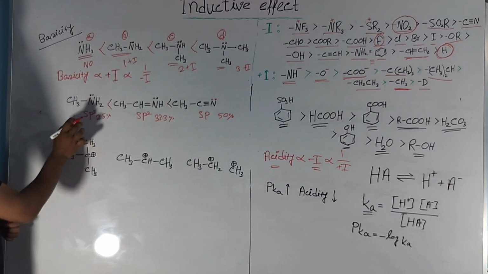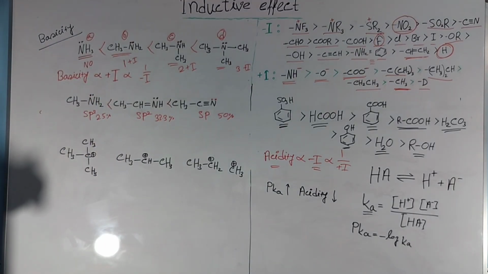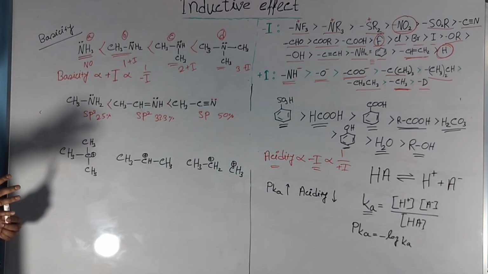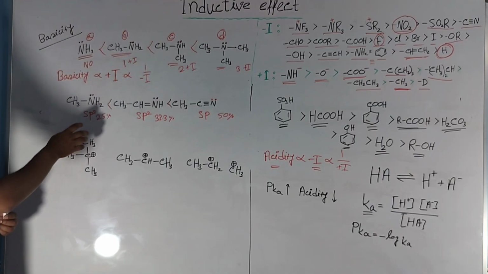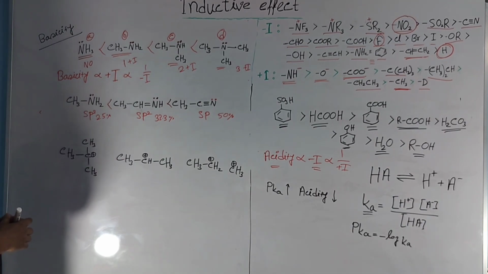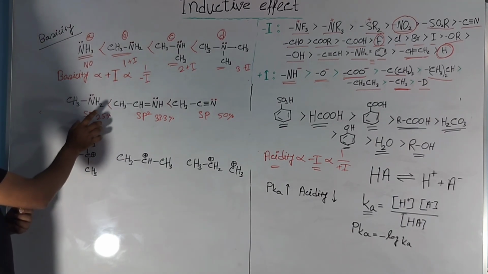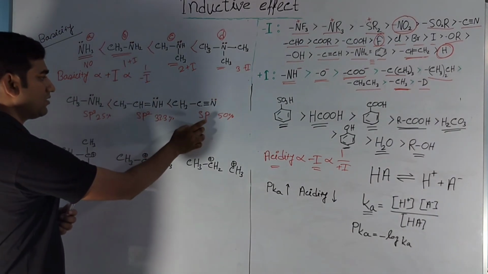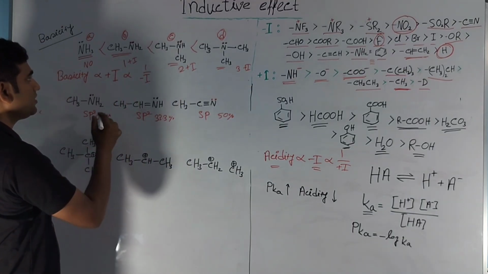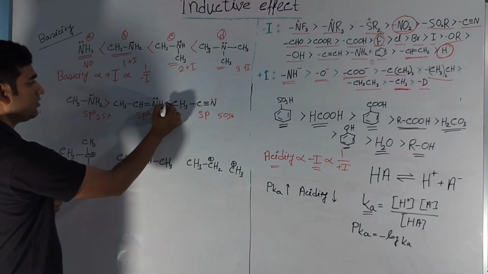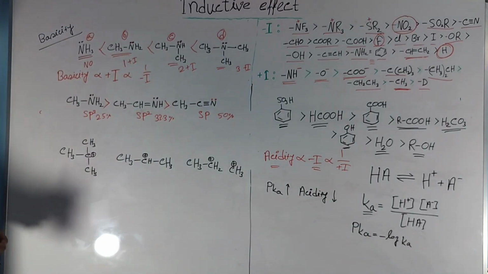So the first one is the most basic. Why? The percent of S character is less, so it can easily donate the proton. So electron donating power is higher in the first molecule, then the second molecule, then the third molecule. Basicity is higher for the first molecule, then the second, then the third.